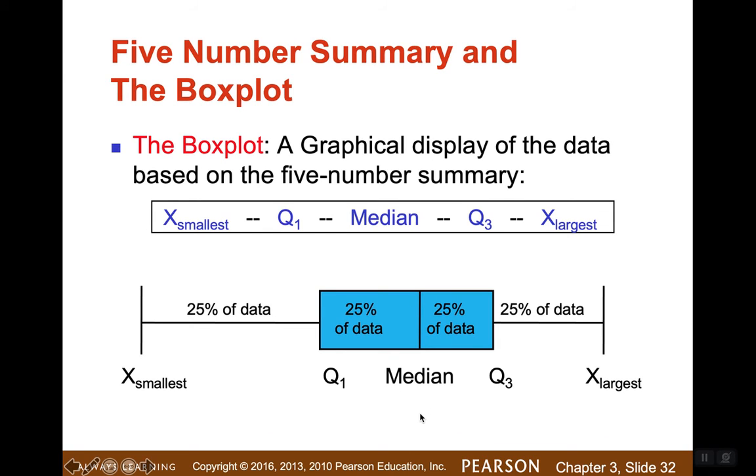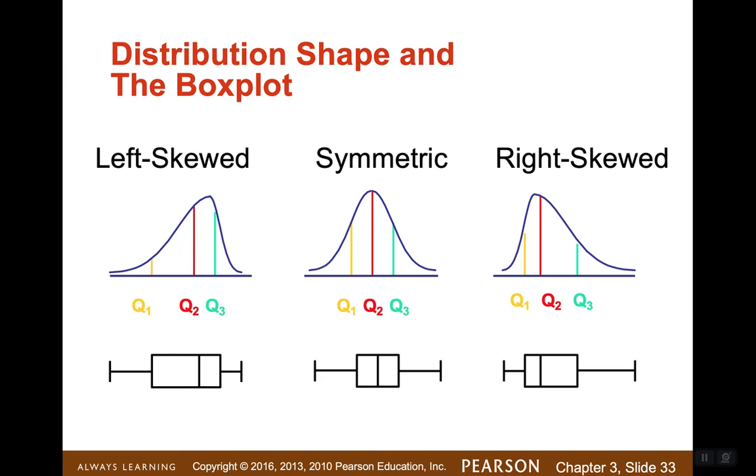We're just taking our range, sorting it, and chunking it out into different percentages. Then we can do a distribution shape of that, and we can also do a box plot, which gives us a pictorial representation of what this looks like.